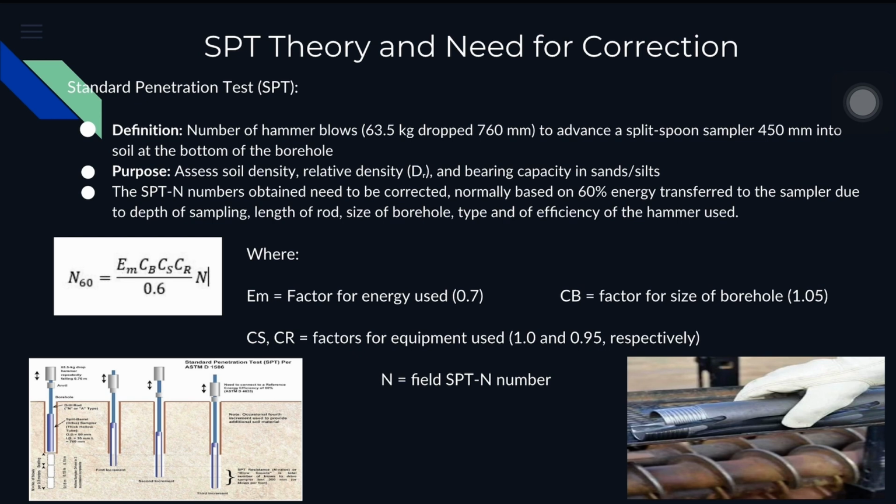First of all, SPT stands for Standard Penetration Test, which is defined as the number of hammer blows of a 63.5 kg weight dropped from 760 mm to advance a split spoon sampler 550 mm into soil at the bottom of the borehole.